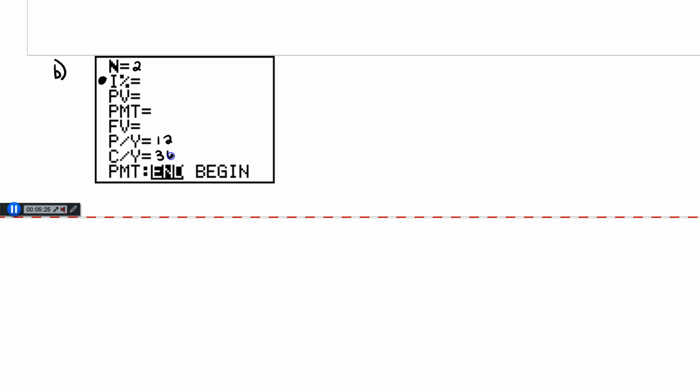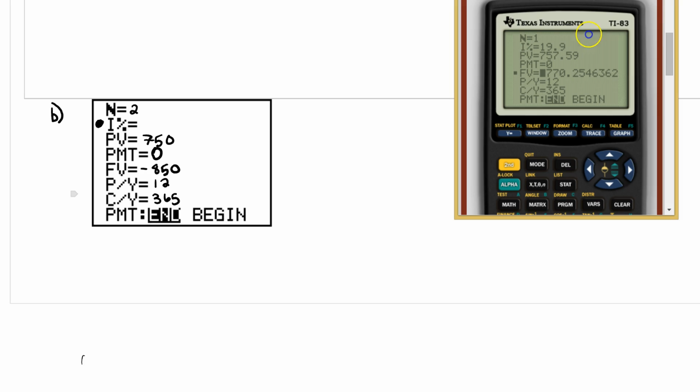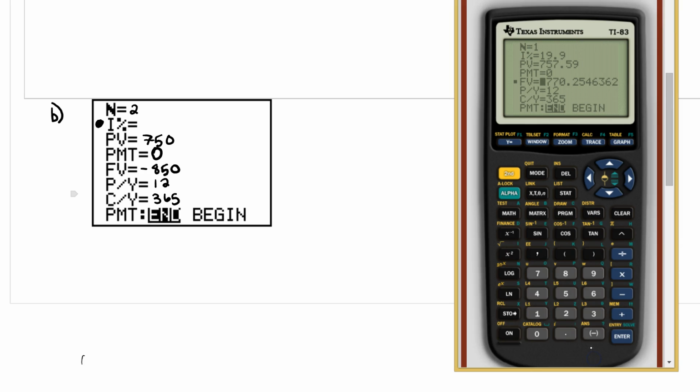So the compounding periods per year will be 365. We know that the present value is $750, and we know that the future value is going to be negative $850. So let's see what happens here. We know that it's 2 months, so we're going to say 2 months here.